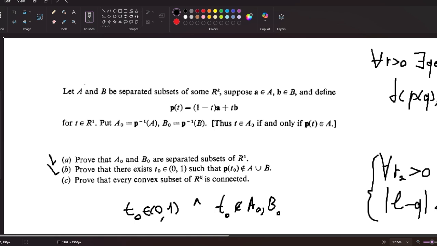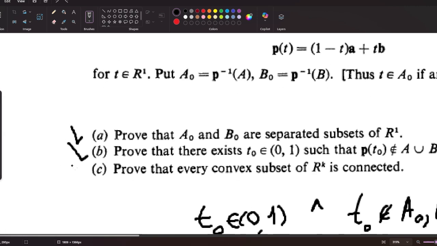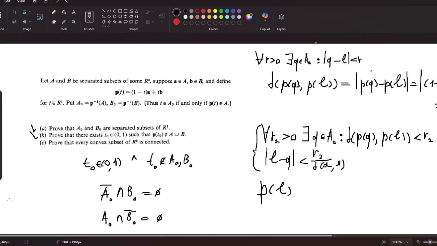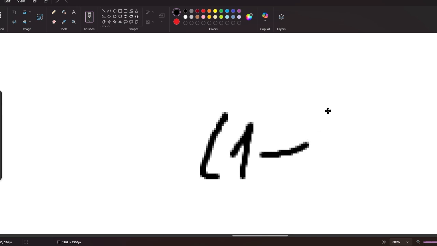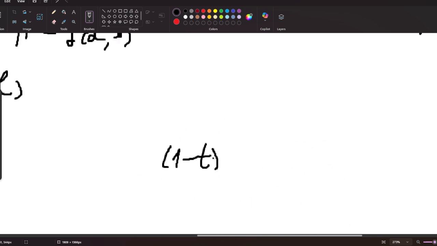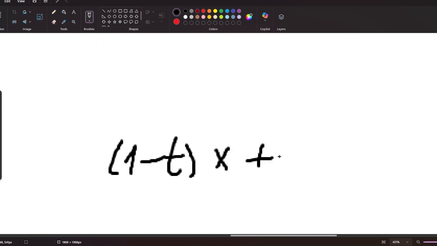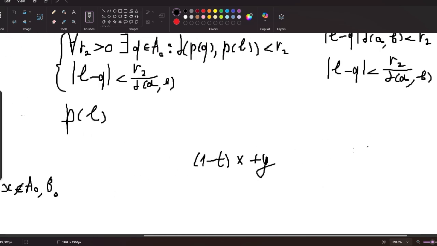So the only way for it to be convex is for it to be connected. I'm not going to write it down for the most part. Actually, no, let me do it.